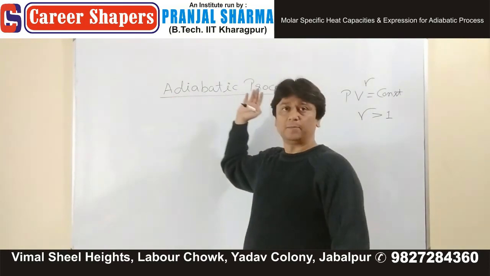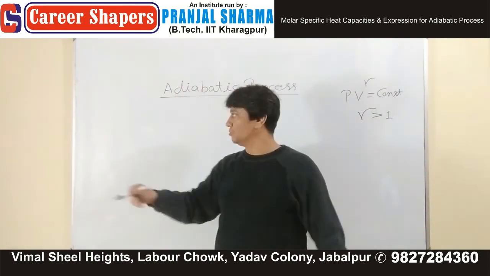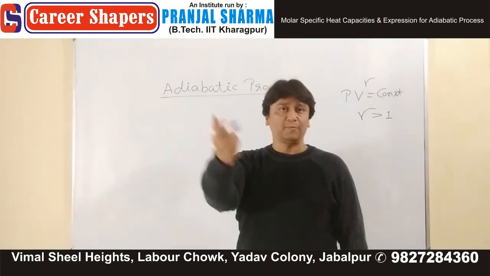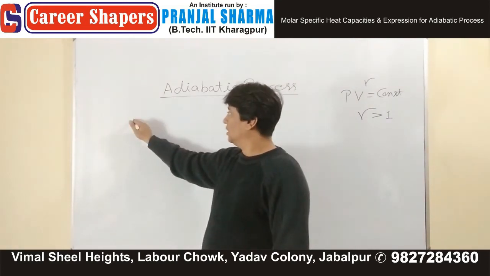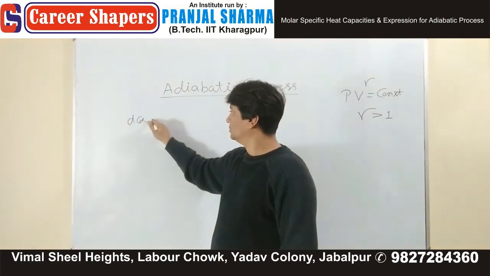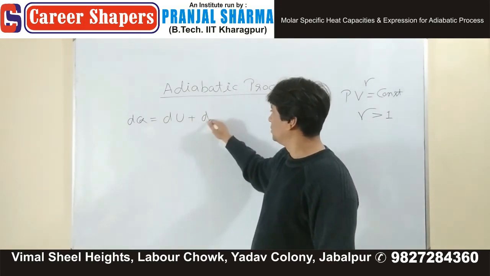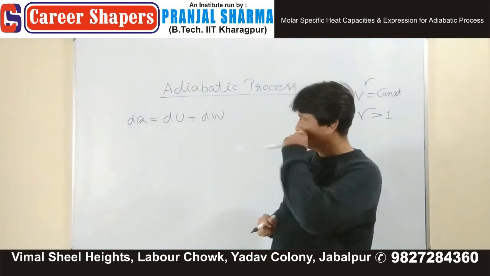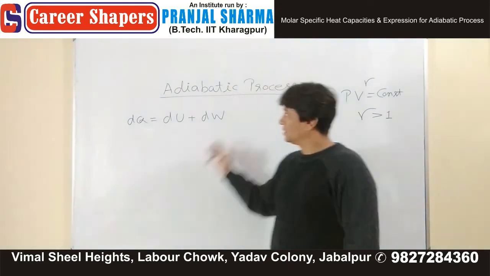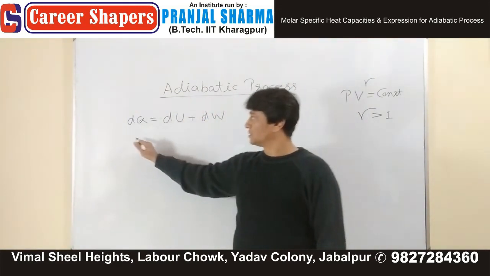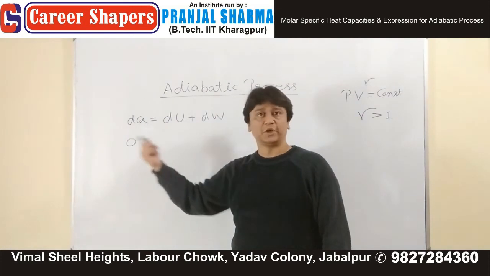We have to develop a relation between pressure and volume with the help of thermodynamics. So let's use dQ as what? dU plus dW. Now, it's an adiabatic process. What is dQ? 0.